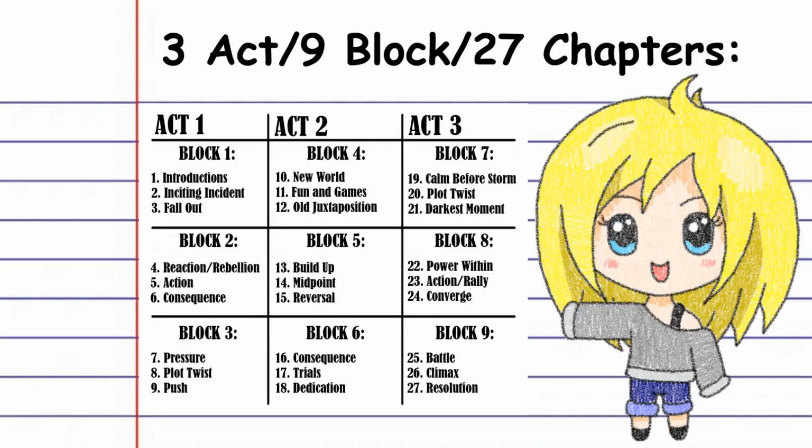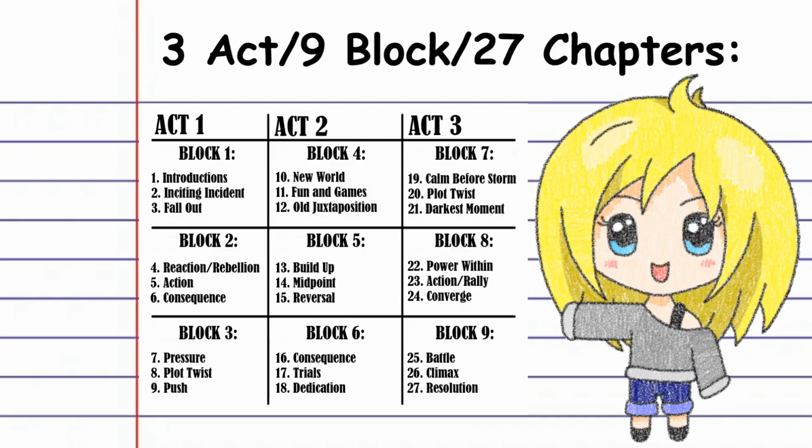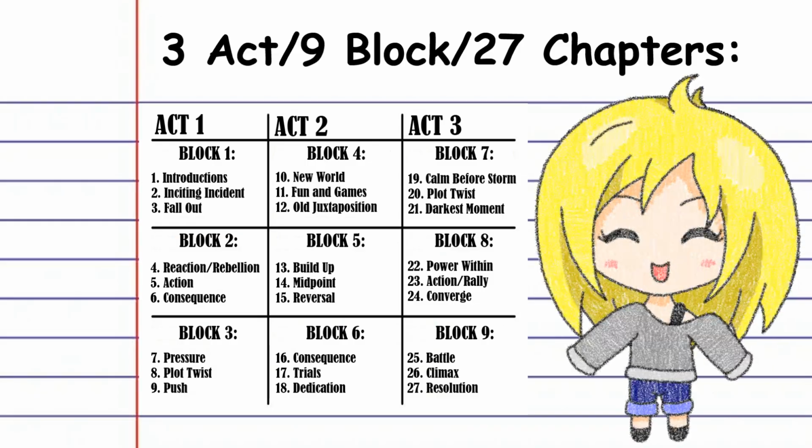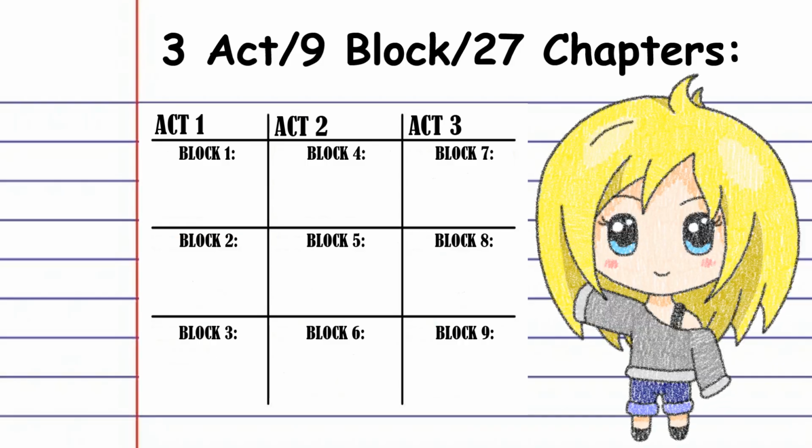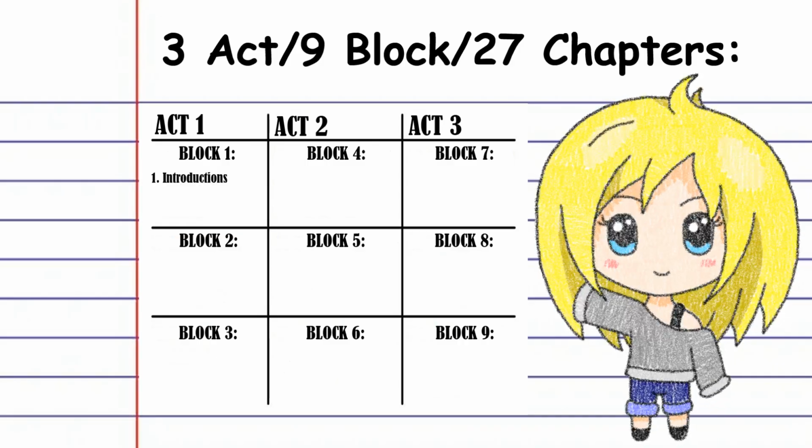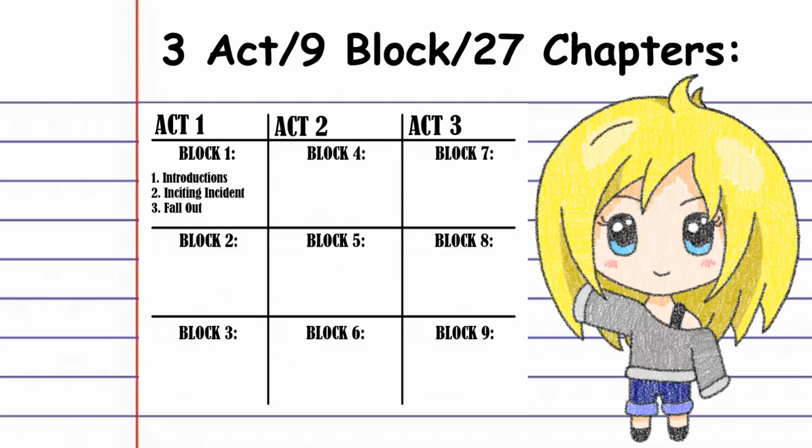Now, this outlining method doesn't just outline the different sections of your novel, it gives you an outline for every single chapter. So, starting with Act 1, Block 1, we begin with the introduction to the world and the protagonist, the inciting incident that jumpstarts the events of the novel, and the fallout that occurs as a result of the inciting incident.